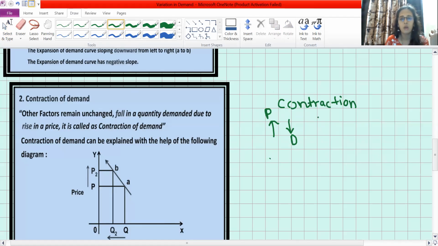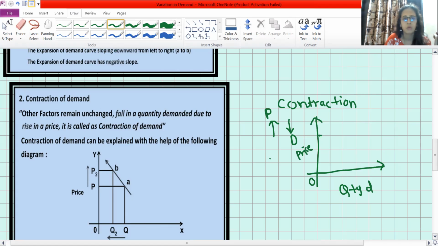So here the diagram will look like this: again quantity demanded, then price, and label the origin as O. Suppose my price is OP. Initially my price is OP, my quantity is OQ.